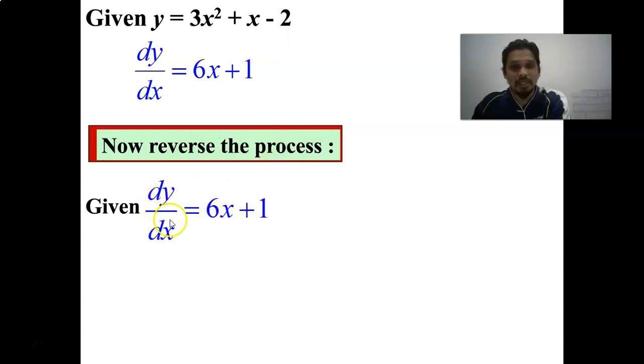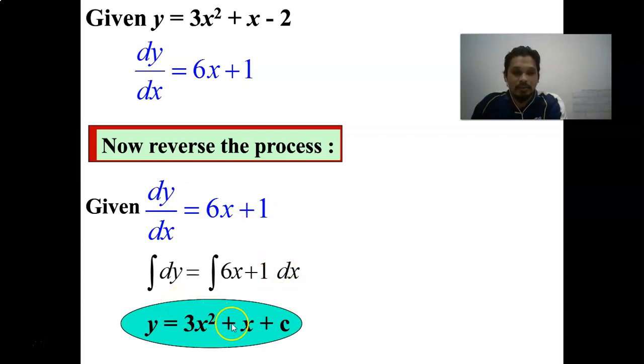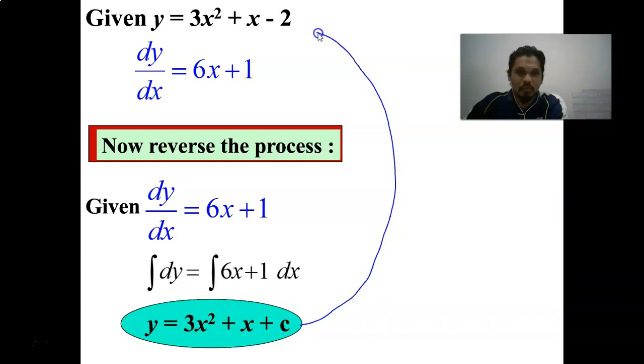Given that dy dx equal to 6x plus 1, we integrate y and also integrate the function f(x) dx, and you will get back almost the same as the y from the original question. So that is the purpose of differential equation. We try to find back the function in terms of y equal to f(x).